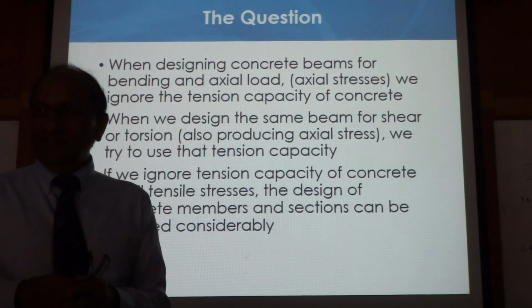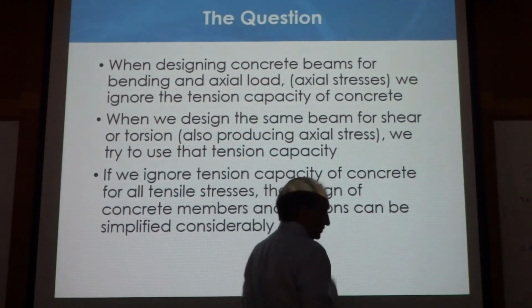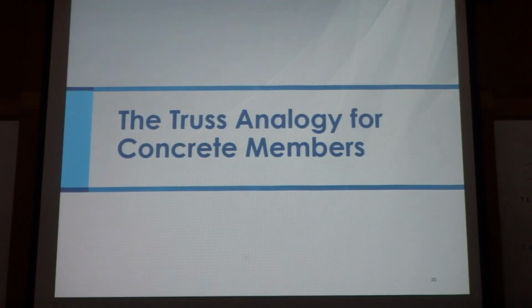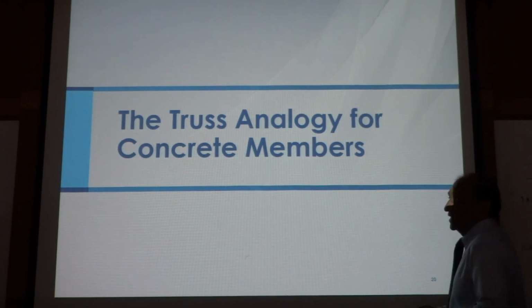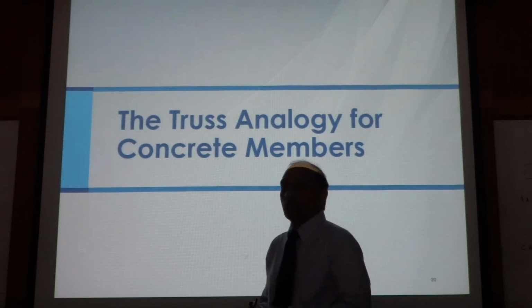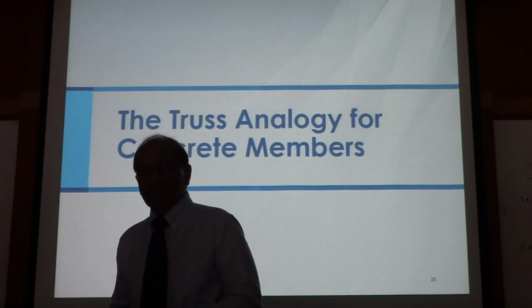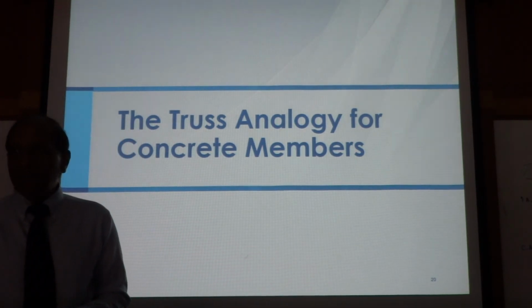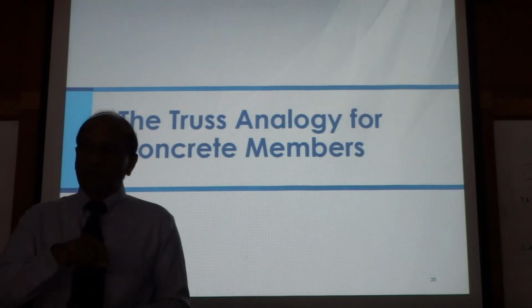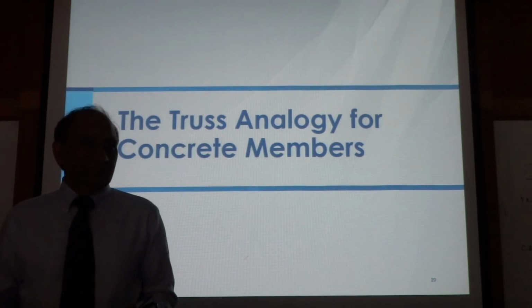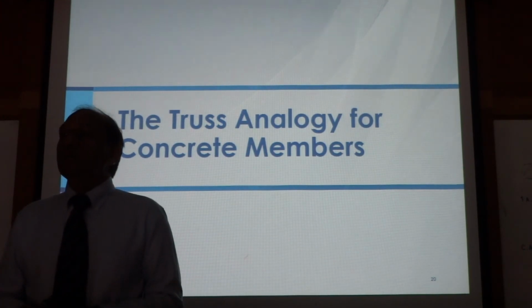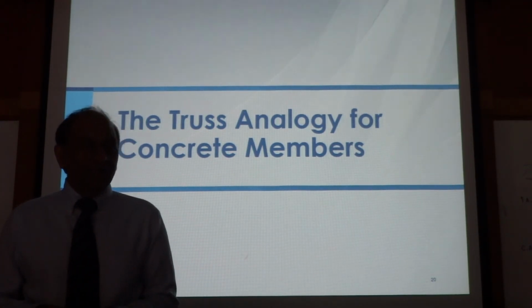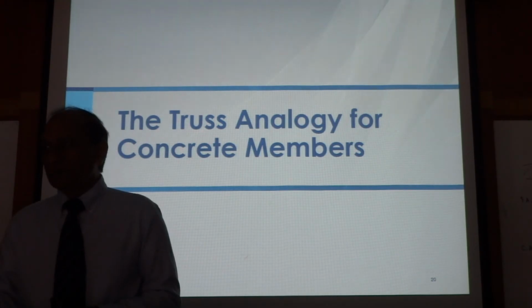Right? Seems logical. So if we agree on that, then we can come to this idea, truss analogy of concrete members. That means the concrete member is no more than a truss, because it can only take tension and compression, tension taken by steel, compression taken by concrete. There is no shear, right? So shear disappears. There is no torsion, because torsion produces shear and axial forces, so torsion disappears, right?